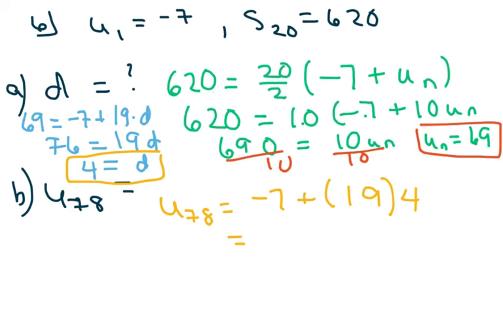So that's going to be negative 7 plus 19 times 4. 19 times 4 is 20 times 4 minus 4, which is 76. Add that up, and so a sub 78 equals 76 minus 7, which is 69. All right?